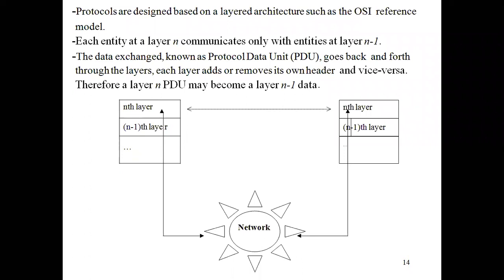Each entity at a layer n communicates only with an entity at layer n minus one. N minus one means from below, as we know the working of the OSI layers. It starts from physical to application layer. But when a user starts an activity, the data flows from the application layer, presentation, then session, transport layer, network layer, data link layer, and the physical layer.